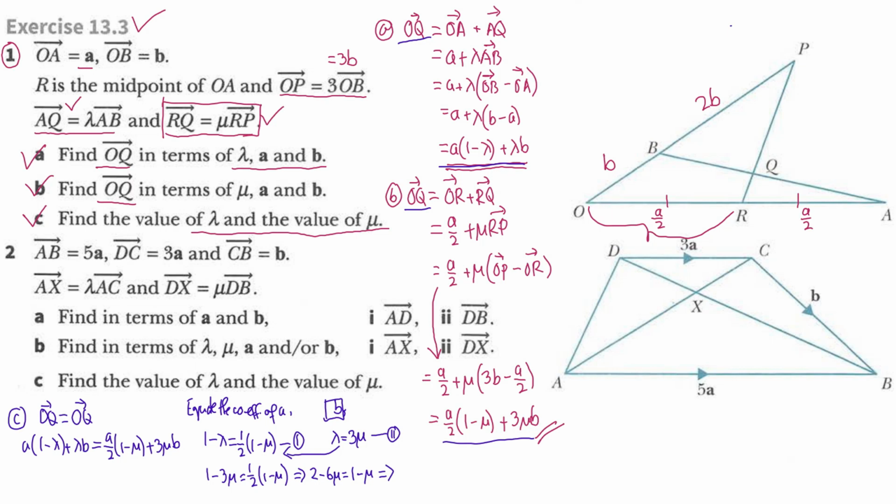From there, 2 minus 1 equals 6 mu minus mu, which gives 5 mu equals 1, so finally mu equals 1 by 5. This is our mu value. Putting this mu in the second equation, 3 into 1 by 5 gives 3 by 5. This is our lambda value, and both are constants.